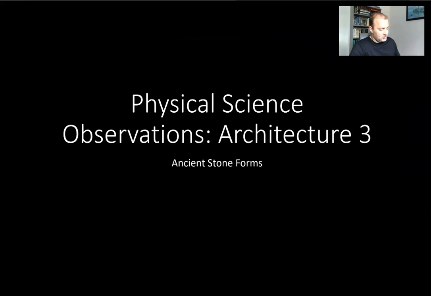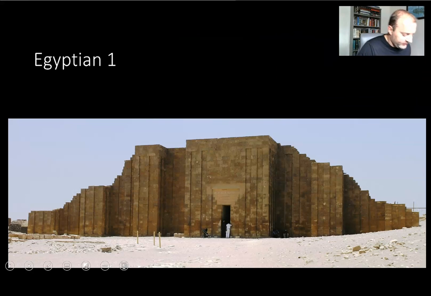Okay, so again, ancient stone forms. All right, so the first one is an entrance to an Egyptian complex, and it's a pretty straightforward form.